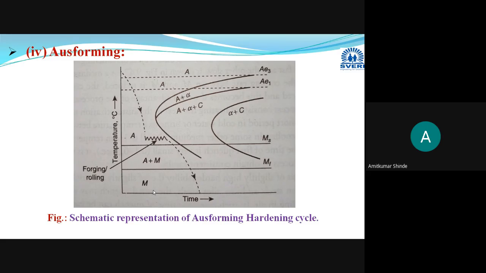It means it will provide you the combination of tensile strength and ductility due to this intermediate rolling or forging operation performed on that component during this cooling process. That's why it is termed as os forming. Okay, austenite deformation will occur, and it will produce a martensite having a combination of tensile strength and ductility.